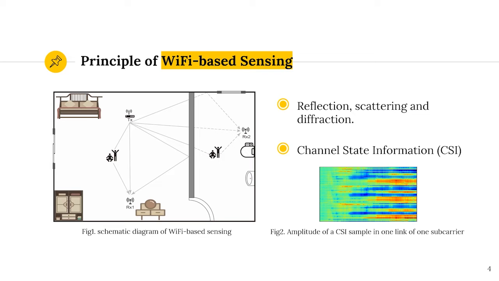As illustrated in Figure 1, the Wi-Fi signal may interact with humans in propagation. Hence, the variation of CSI will contain the information of human behaviors. On the right side, there is a picture of the amplitude value of a CSI sample. More details about it will be discussed later.